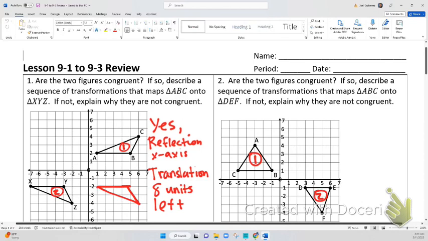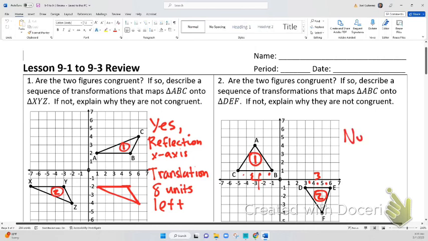So if you notice ABC, the longest part is 1, 2, 3, 4 units long, right? The longest part on DEF, it doesn't matter because it's the same side all the way around. This one's only 3. So there's no way that it has the same size.